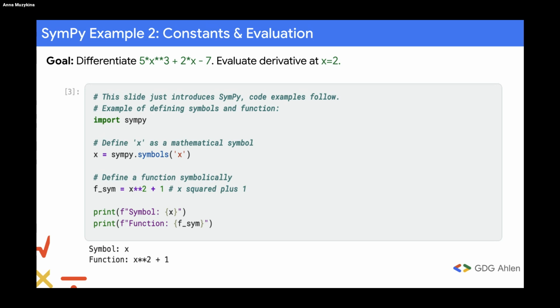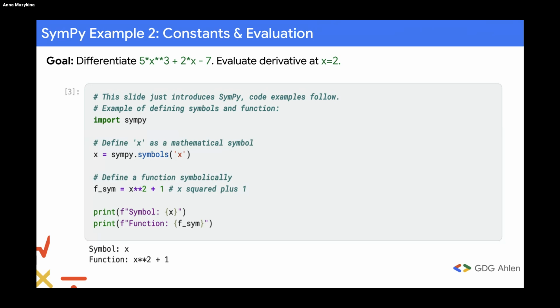We define its derivative f3 prime, which equals sympy.diff of f3 and x. Printing f3 prime shows 15 times x squared plus 2, correctly applying the power rule, constant multiple rule, sum-difference rule, and the constant rule. The derivative of minus 7 is 0.